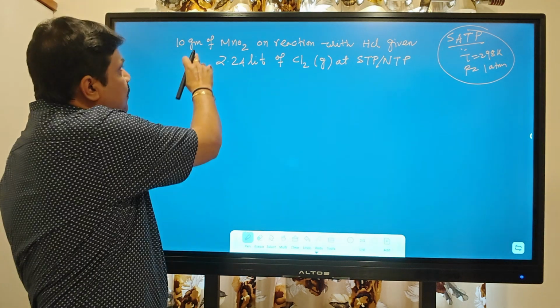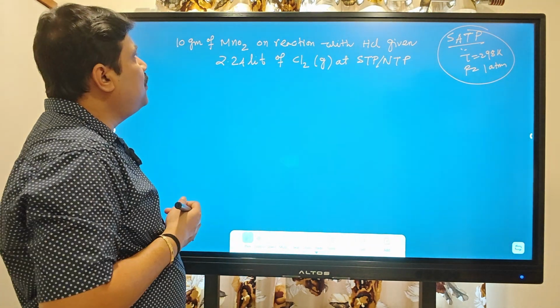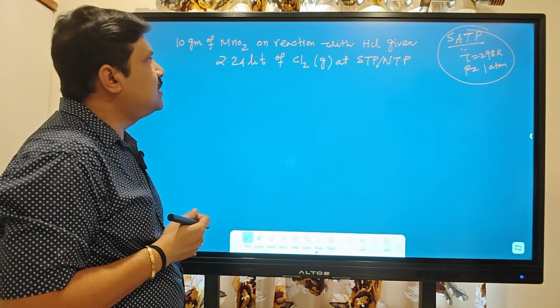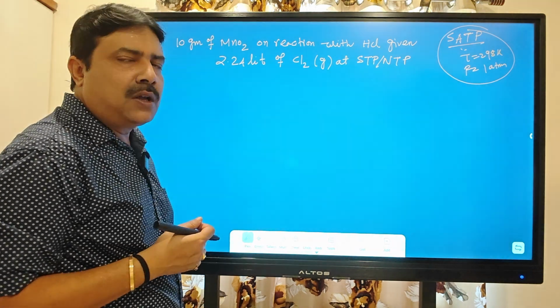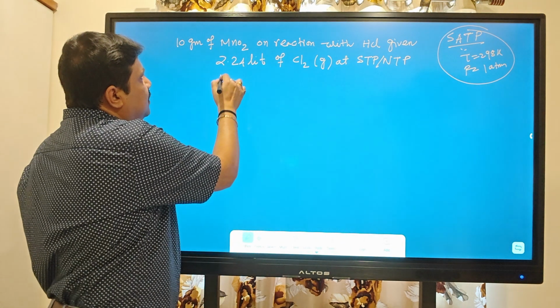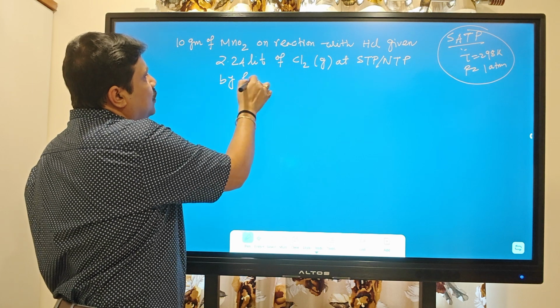So now the problem: 10 gram of MnO2 on reaction with HCl gives 2.24 liter of Cl2 gas at STP or NTP by the following equation.